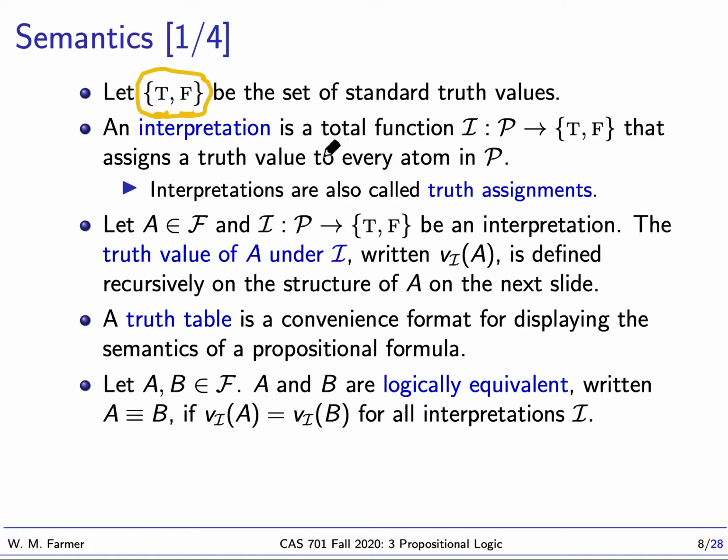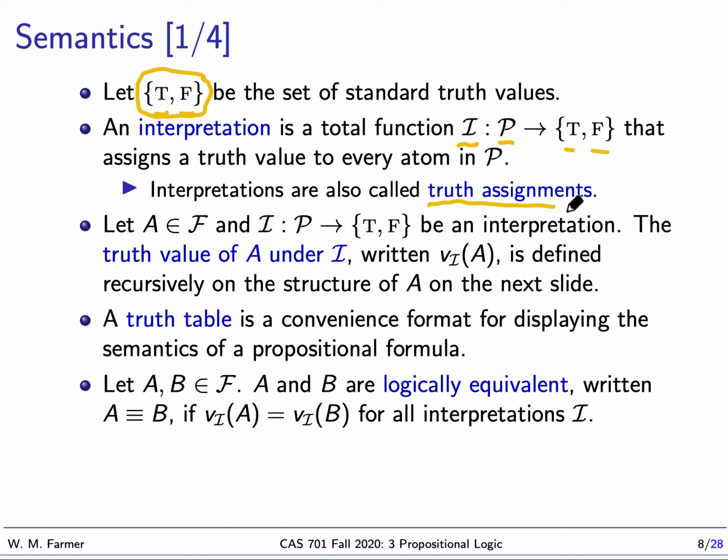So there's just two values, true and false. And then an interpretation is a total function, script I, which maps each propositional letter to either true or false. That's what an interpretation is. In other words, we have these atomic propositions. We can also just call these atoms. They represent propositions. And an interpretation will be saying which ones are true and which ones are false. Now, interpretations are also called truth assignments for obvious reasons.